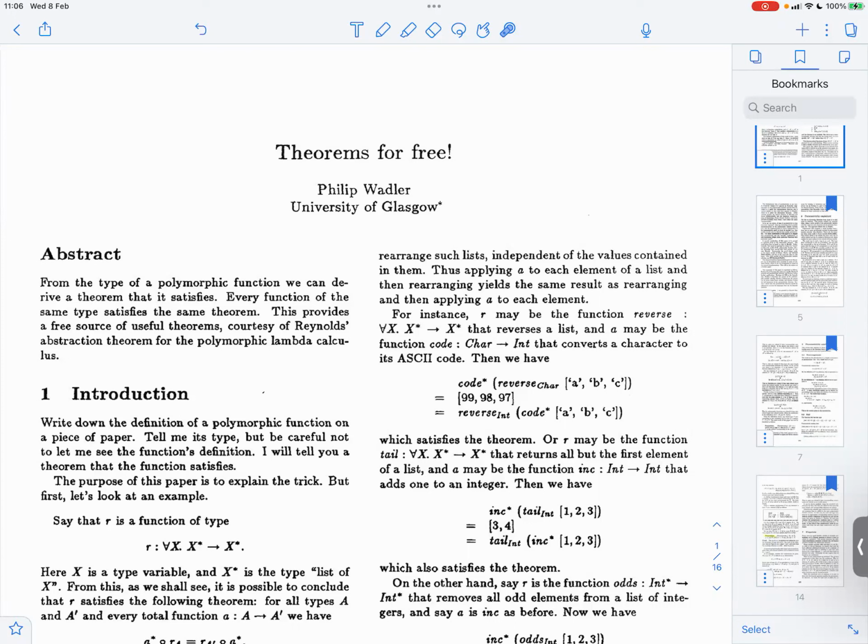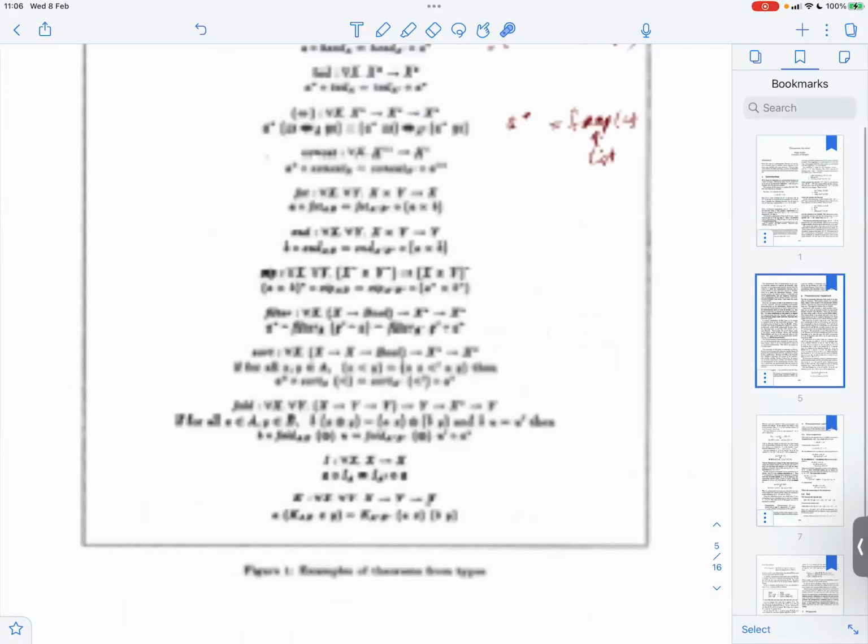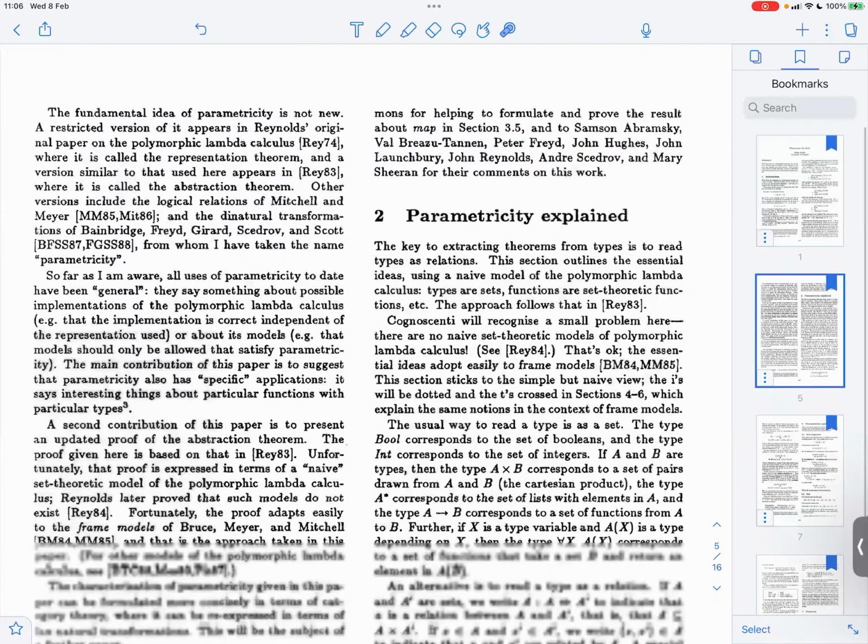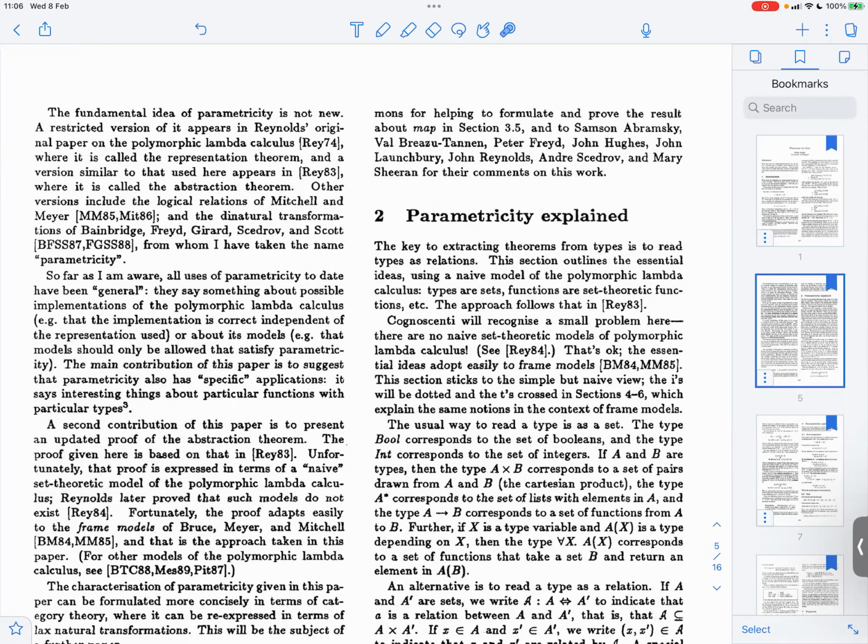So I'll show what's happening in this paper. The first thing he says is that the key is to read types as relations. Now that is not obvious, how to read types as relations.